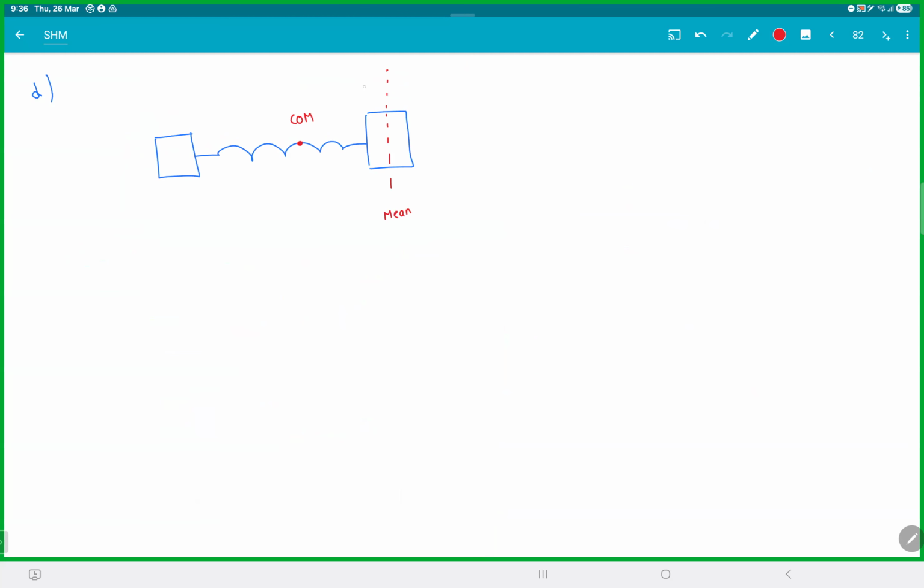And it is oscillating. It's coming which way? It's coming this way. So this equation will be x2 is equal to A2 sine(omega t plus pi), because it's going to the left hand side. This block is going this way, so this block coordinate will be x1. Again, from the mean position, this is the displacement from mean.